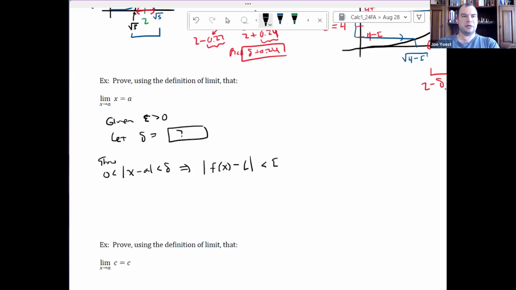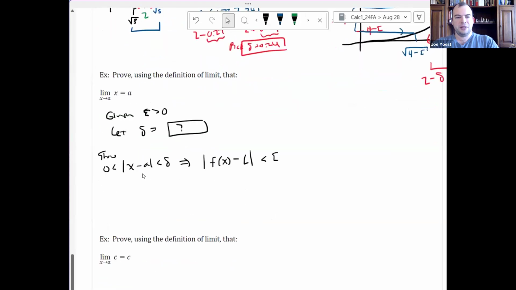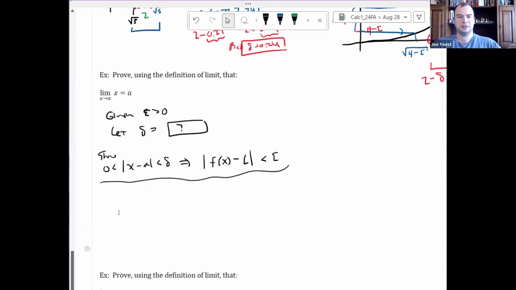I'll typically need to do some scratch work off to the side to figure out what I should choose delta to be. What would be a good choice for delta? That's a little bit like what I did over here, doing some analysis to figure out that root 4 plus epsilon minus 2 is a good delta to use here. And then I want to go through some steps to show that if absolute x minus a less than delta, then absolute f of x minus L less than epsilon. Okay. So that's the structure that we want.